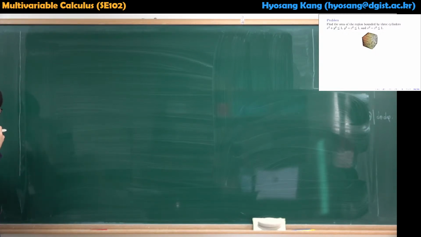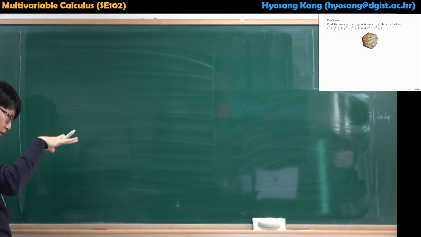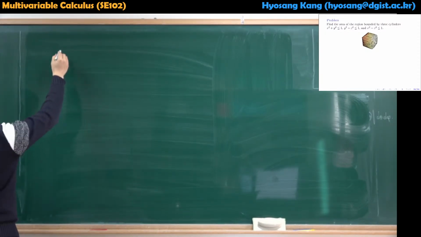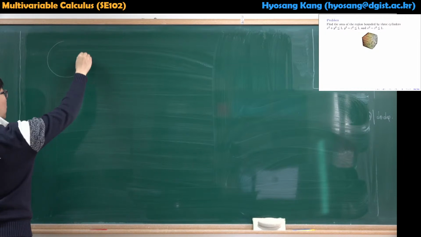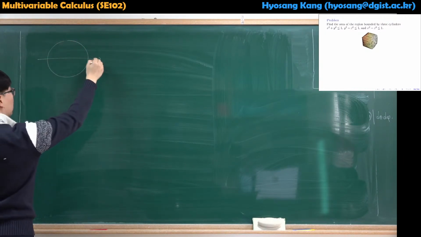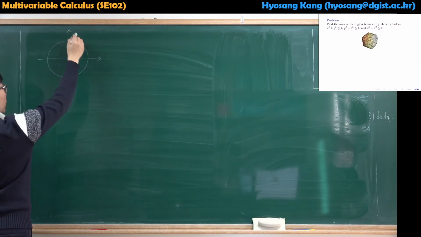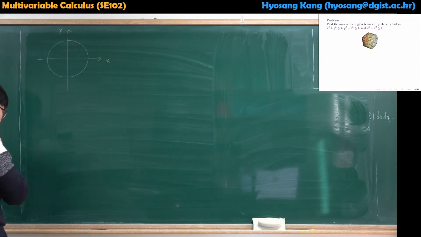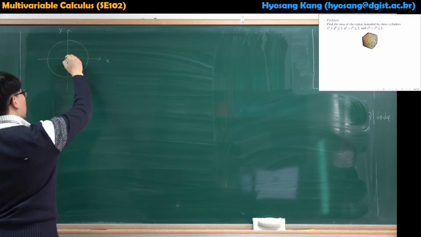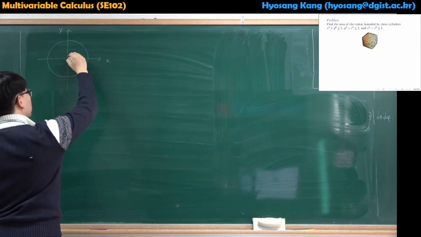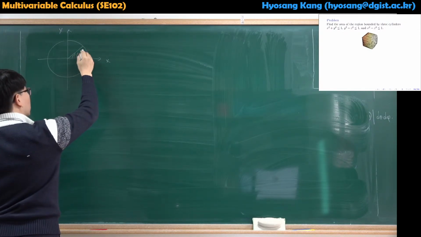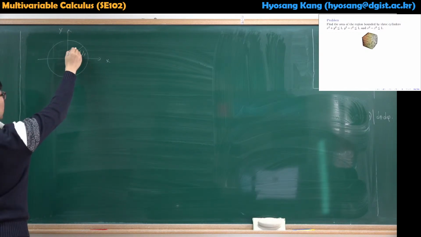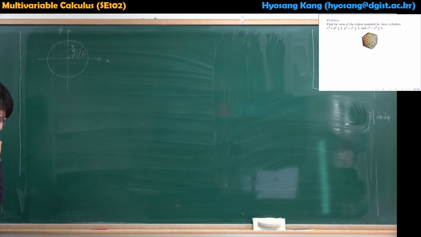Think about a projection of this figure on the XY plane. You have a round circle in the XY plane. That's the projection. Just look at this portion, only the pi over 4 part.